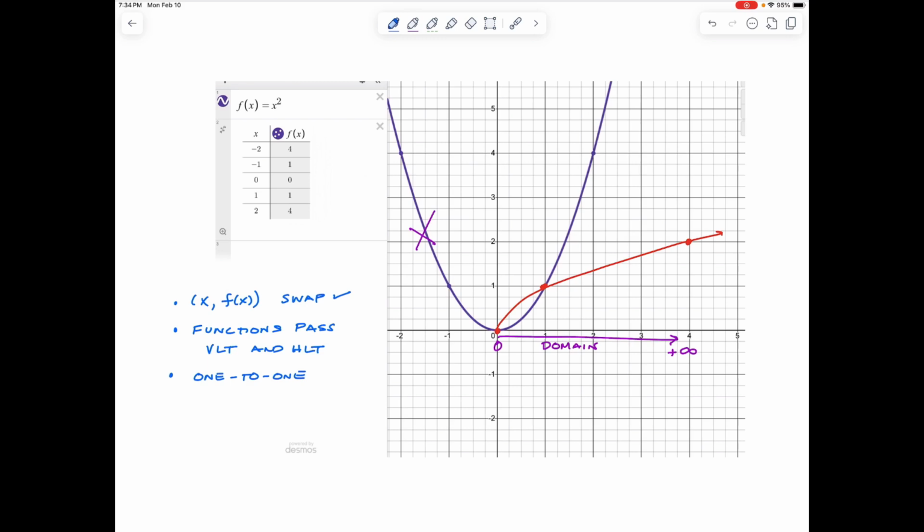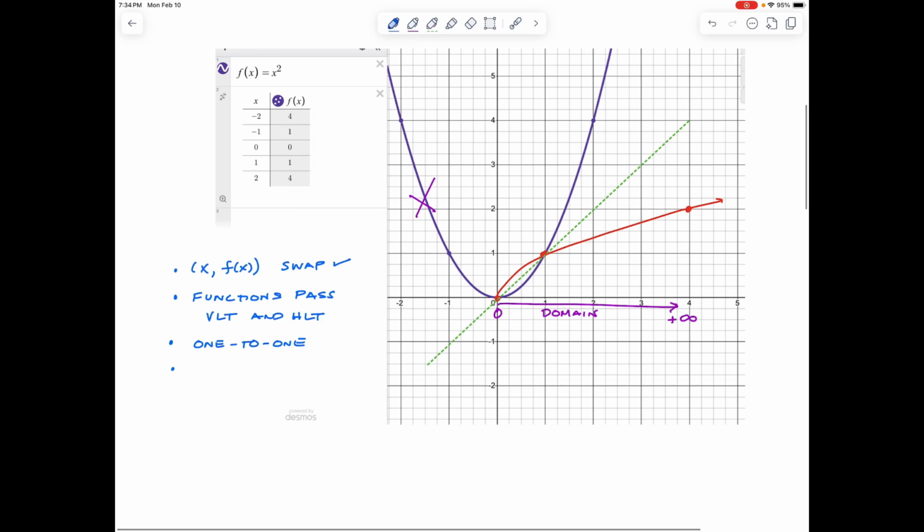And a byproduct of all of that is we're going to see that the function and its inverse are going to reflect about the line y equals x. And so those are the key characteristics.